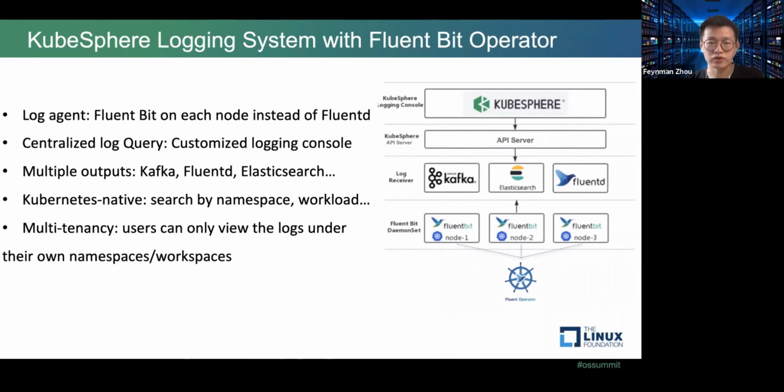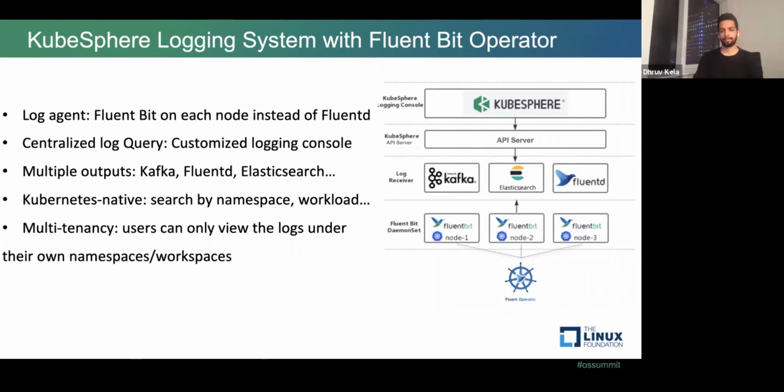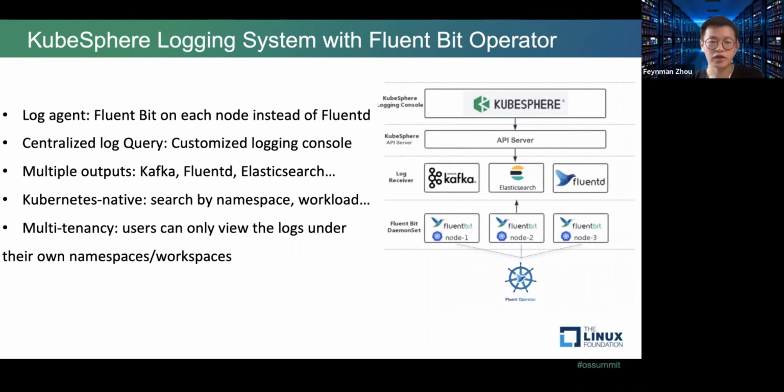You can search the logs by namespaces, workloads, and pods. If you want to leverage this platform in a multi-tenant environment, imagine you have different tenants in this platform, you will require that users can only view their logs under their own namespace or workspace.